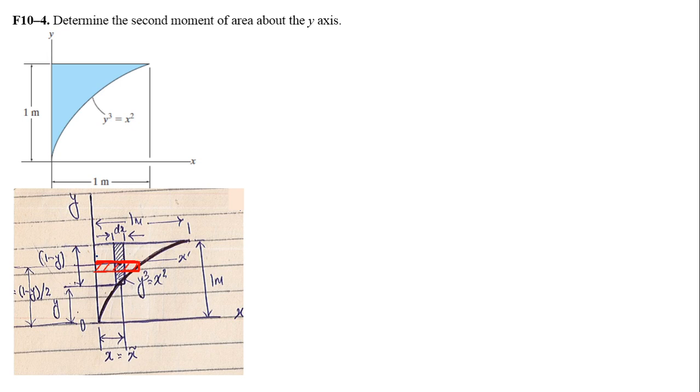when you measure the moment arm from the y-axis along the length of the strip, at each and every point the value of the moment arm is changing.